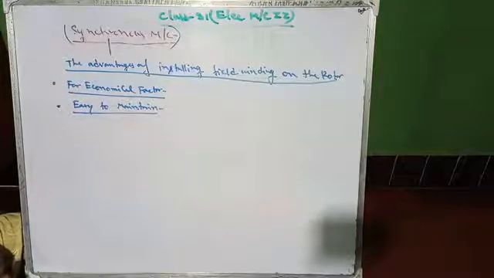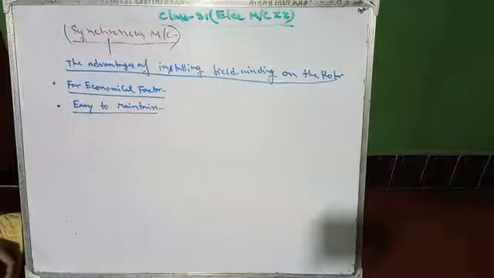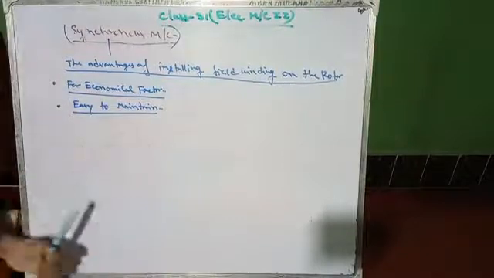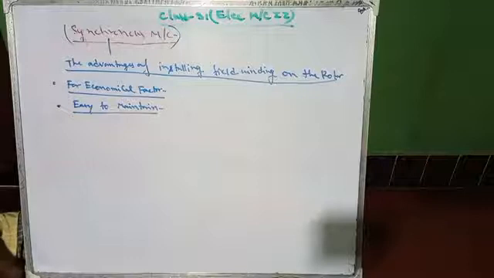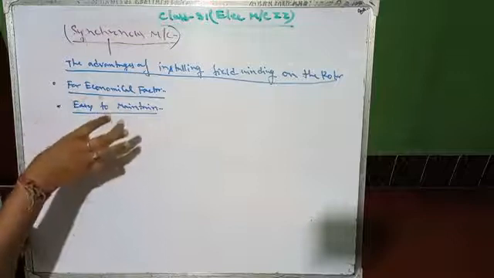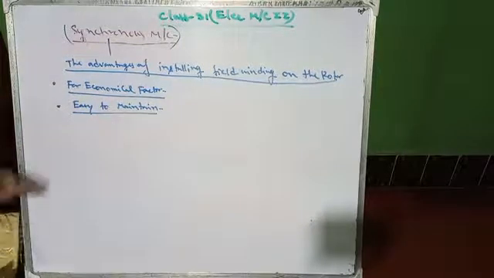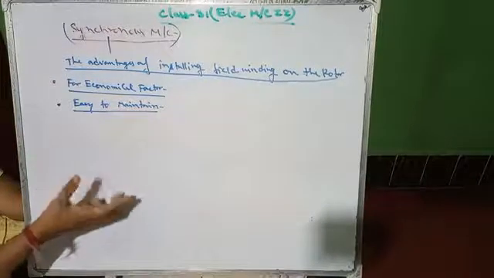So if the armature winding were placed on the rotor, there would be a maintenance problem. As such, the field winding is placed on the rotor due to less maintenance, because the armature is complex and too large to place as a rotor.